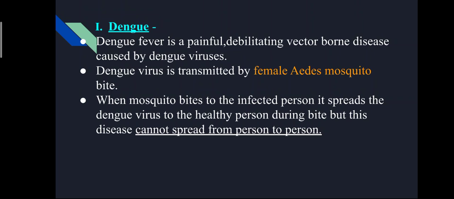It is the species Aedes mosquito. The mosquito takes up the dengue virus when it sucks blood of infected person, and this disease cannot spread directly from one person to another person. That is important.